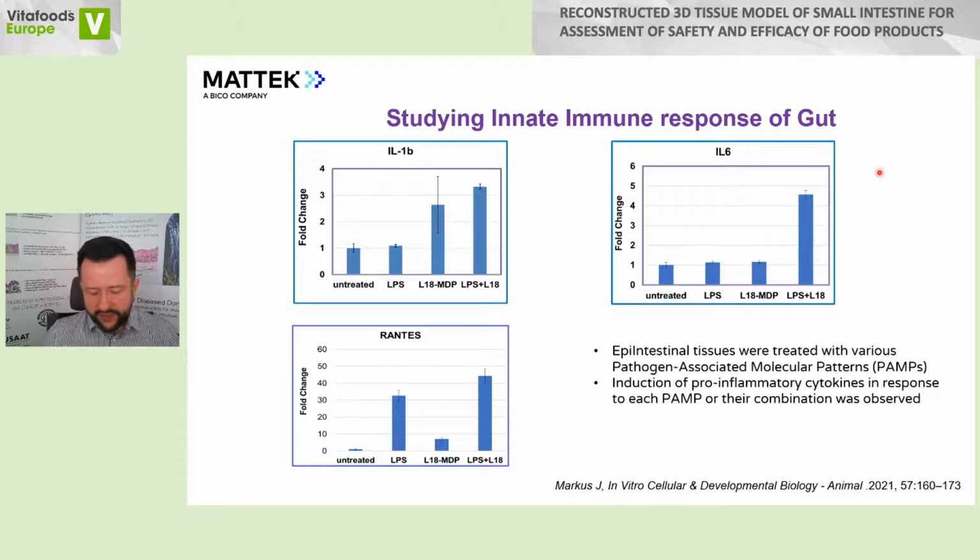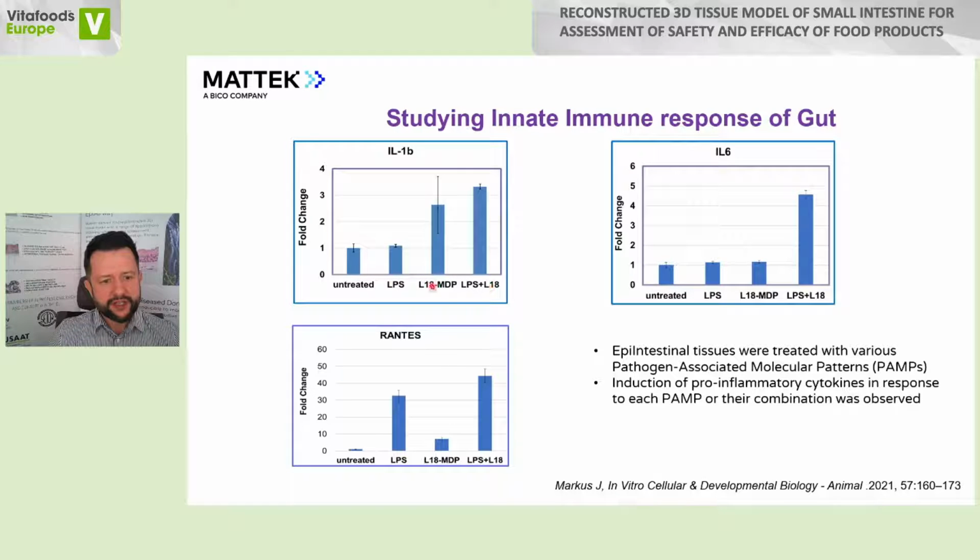Most epithelia contain receptors such as toll-like receptors and NOD receptors, which are able to sense certain pathogen-associated molecular patterns such as endotoxin or lipopolysaccharide, or muramyl dipeptide, or flagellin, and so on and so forth.